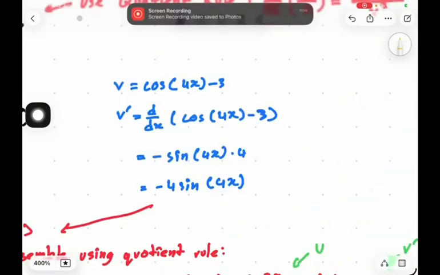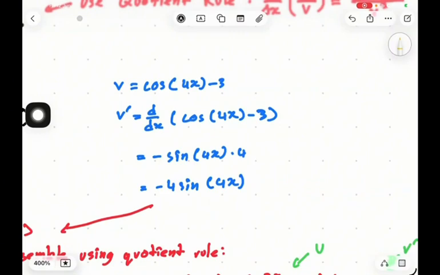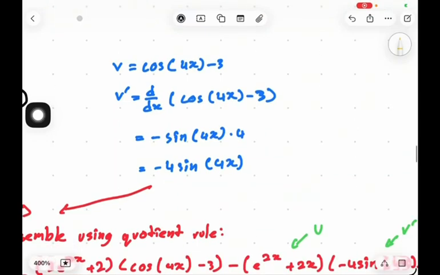Here v equals cos(4x minus 3), and v prime is negative 4 sin(4x). It became negative sin because if we differentiate cos, it becomes negative sin.